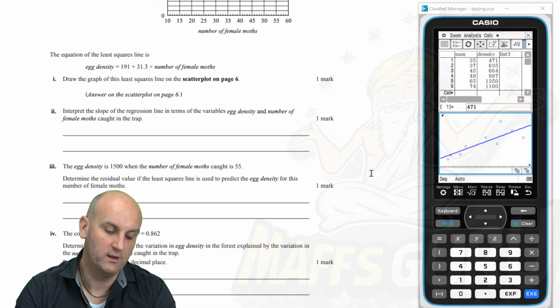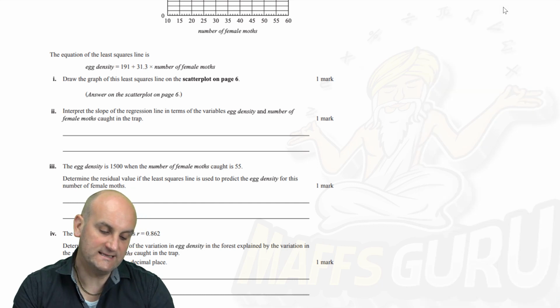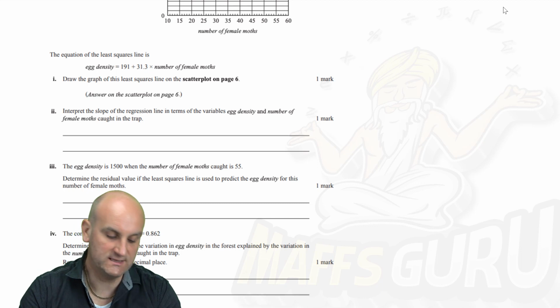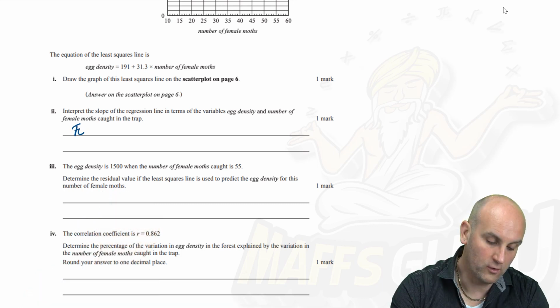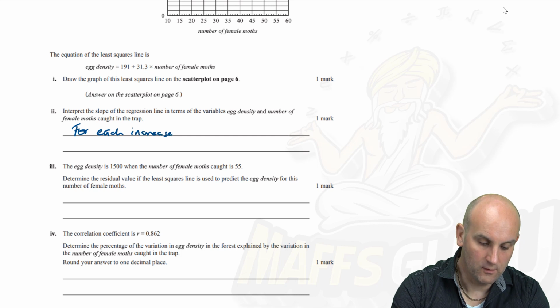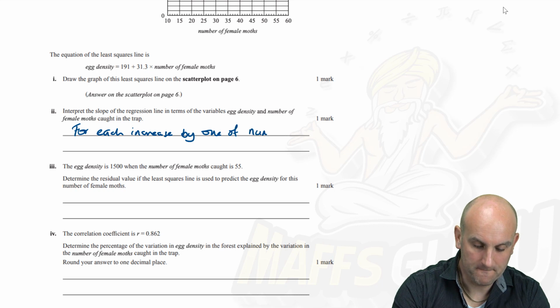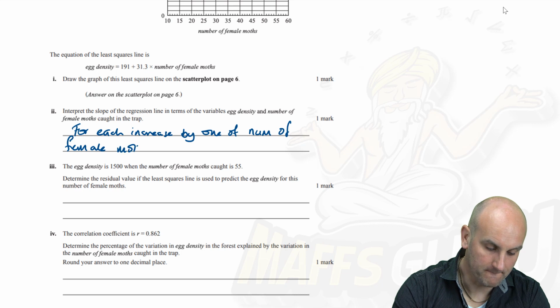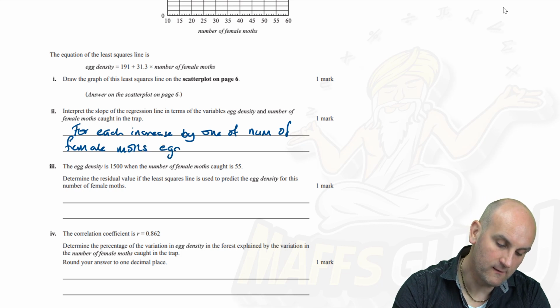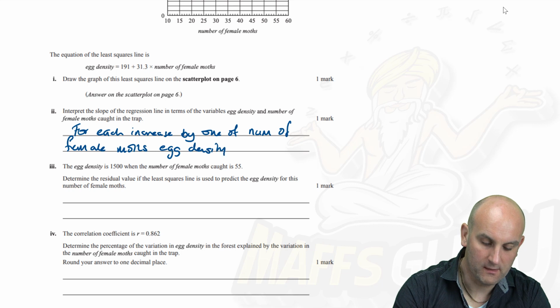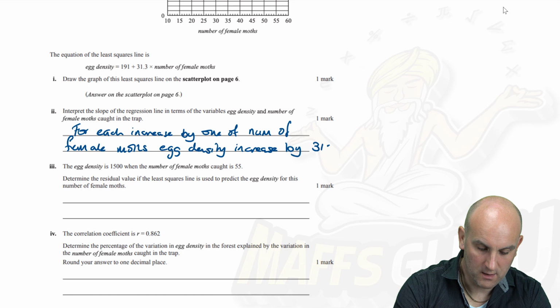Interpret the slope of the regression line in terms of the variables egg density and number. Now in the slope in this situation, you would say for each increase by 1 of the number of female moths, egg density increases by 31.3.